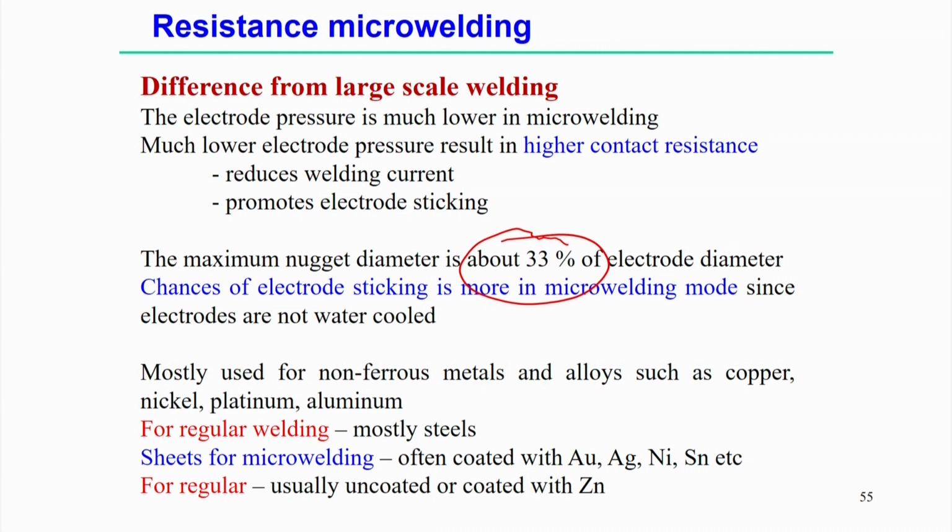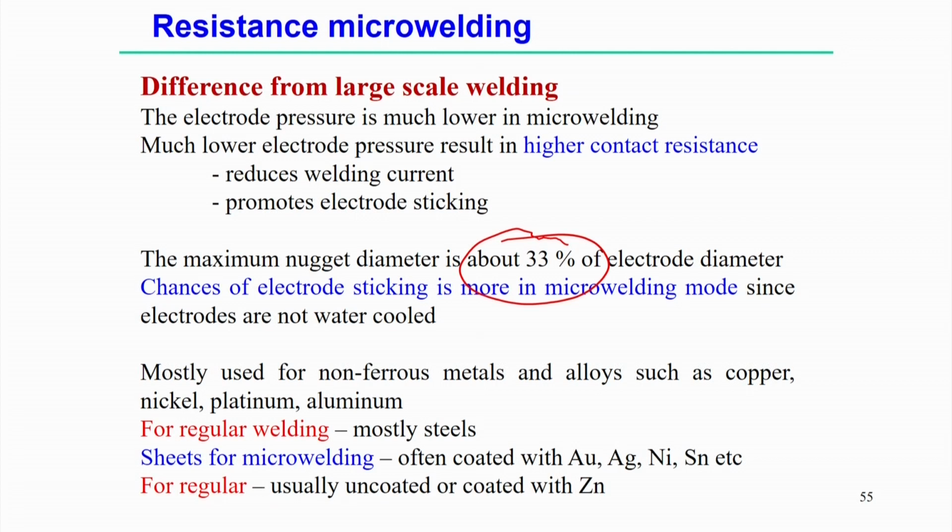So there is no scope to cool the electrode using water cooling, which is normally followed in conventional resistance welding because of the size of the electrode itself. Because of this size restriction, sticking of the electrode is the main obstacle in the resistance micro welding process.